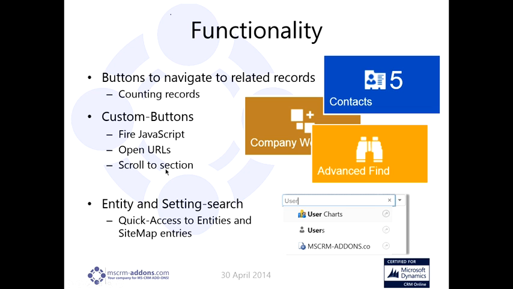And the last one is scroll to section. The reason we put this one in is that with CRM 2013, the forms seem to have gotten a lot longer. So instead of having to scroll down and hunt on the form for a particular thing, you can have a button up top that you click, and it takes you right to where you wanted to go on that form.